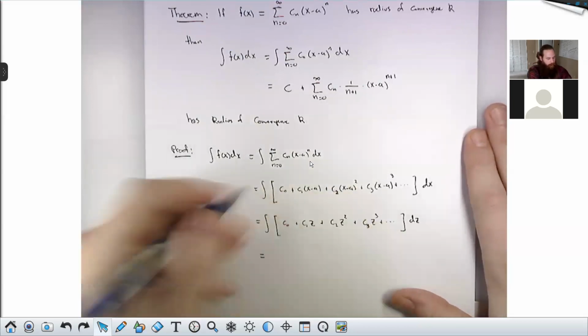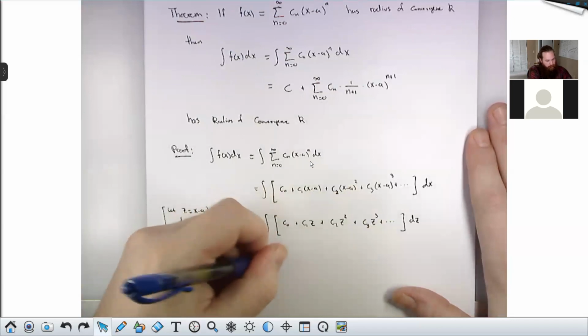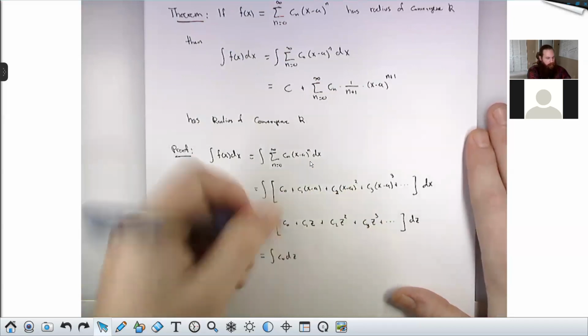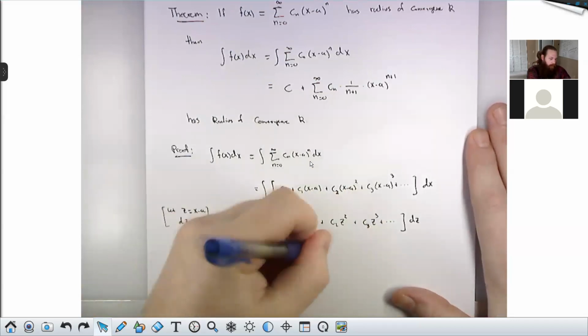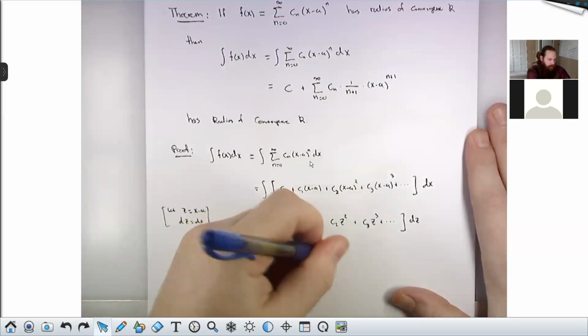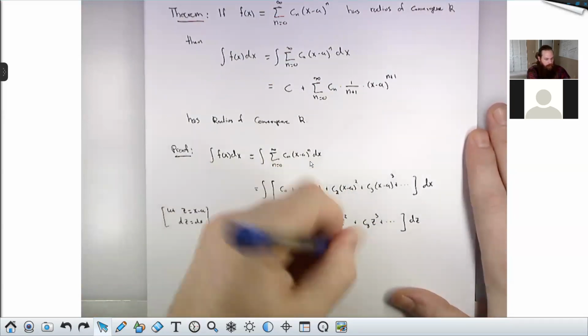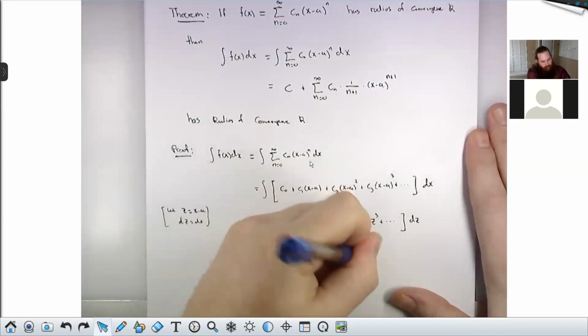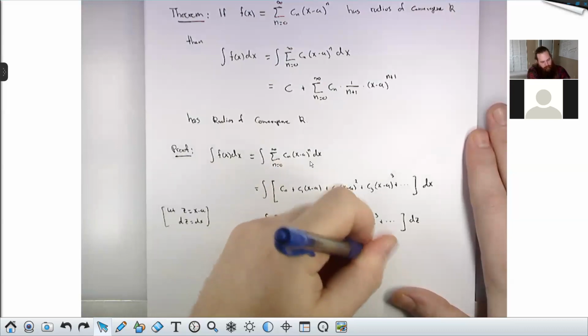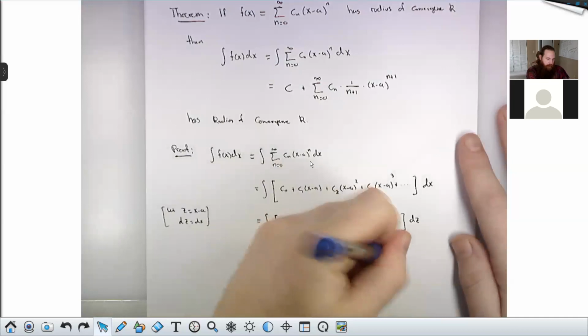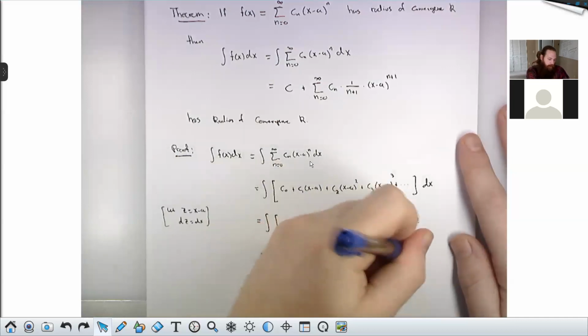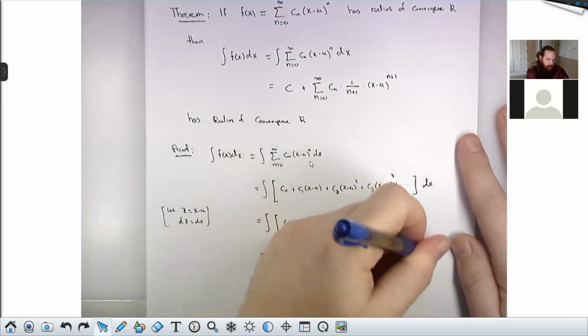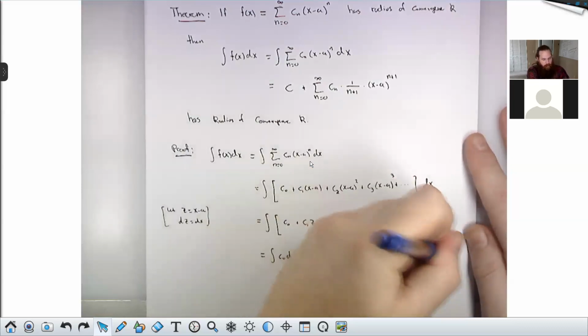I do one integral for each term: integral of c0 dz plus integral of c1z dz plus integral of c2z squared dz plus integral of c3z cubed dz and so on.